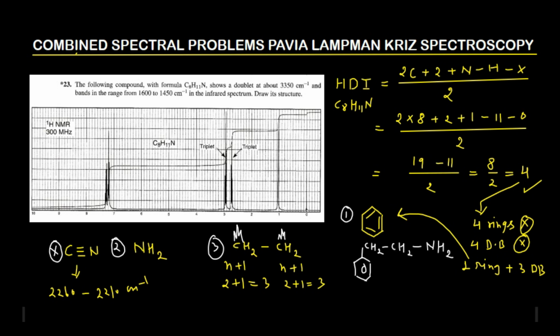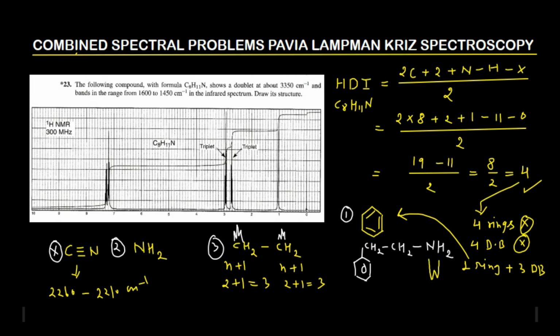We are left with the interpretation of the IR spectrum. So here you are getting a doublet at 3350 centimeter inverse. So why are we getting a doublet at 3350 centimeter inverse, right? Because you see this NH2 group is there. So this NH2 will produce a doublet like your molar teeth, kind of W actually.